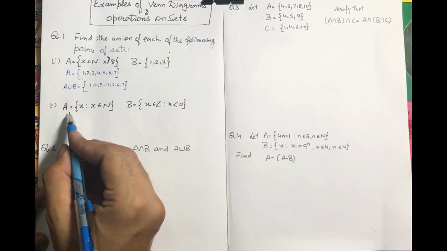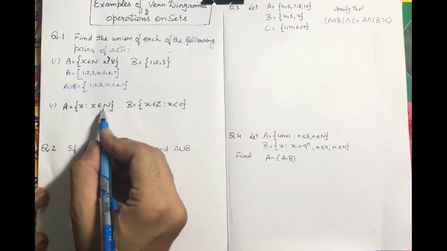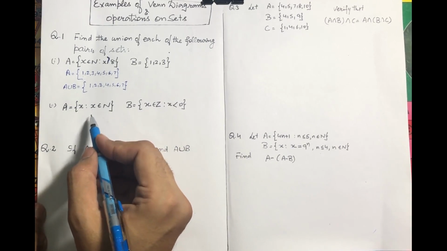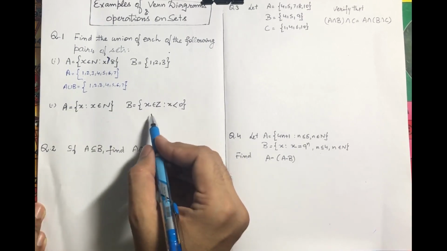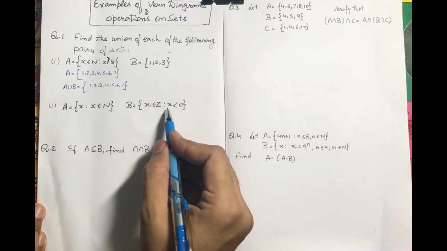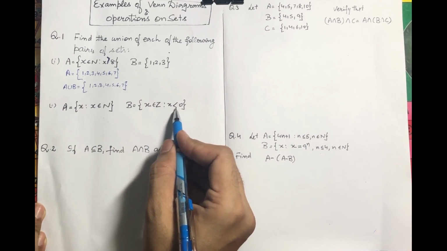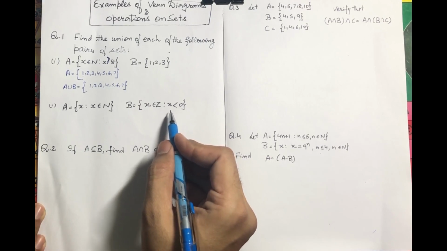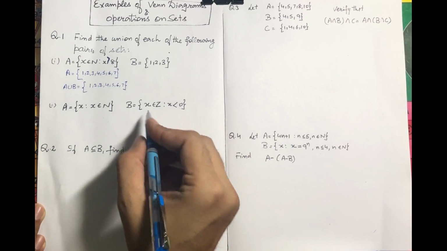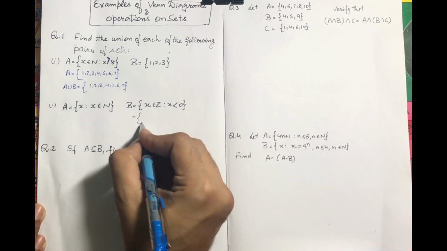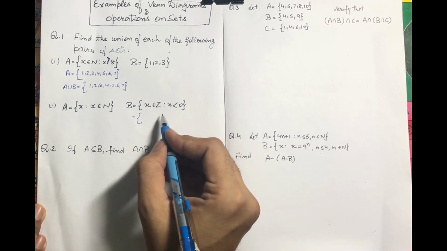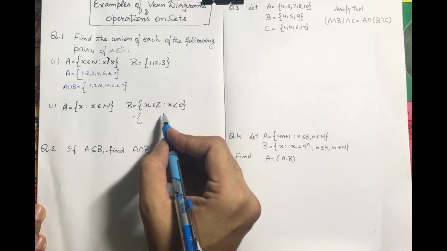Another example: A is the set of x where x is a natural number, so this is an infinite set of all natural numbers. And B is the set of x where x is an integer with x strictly less than 0. Then what are the members of this set? It is interesting to know here. Let us first write B. Strictly less than 0 means all negative numbers.